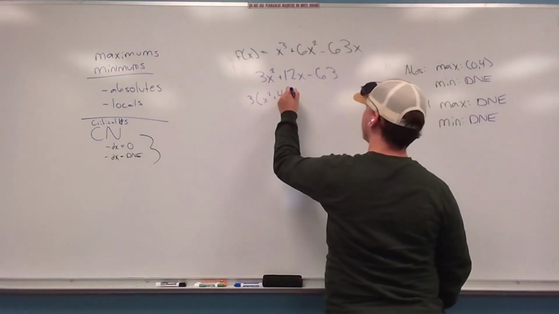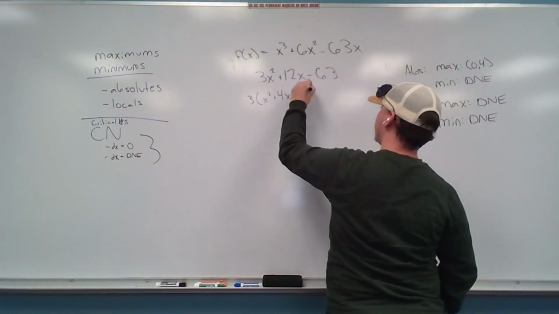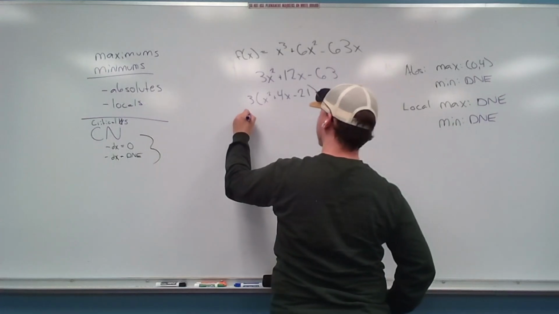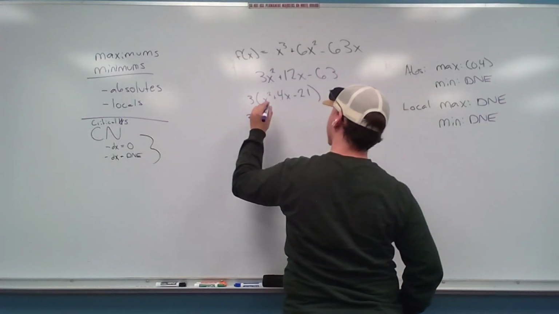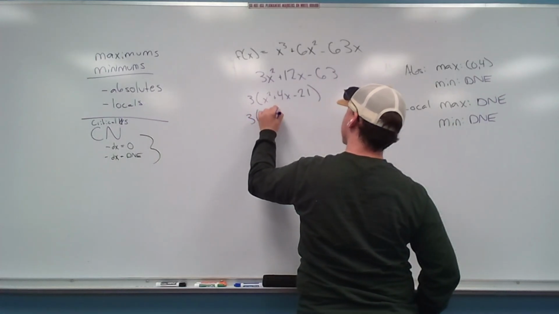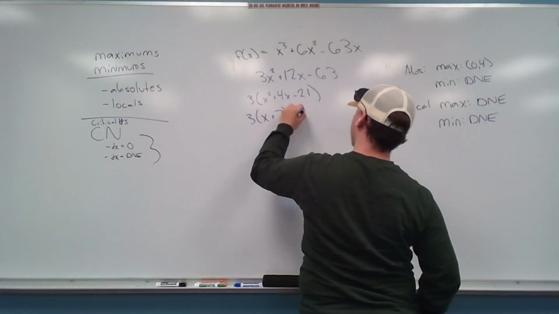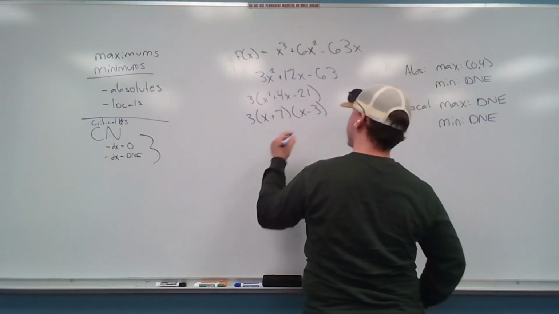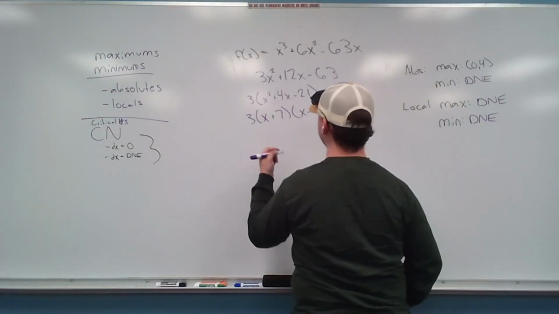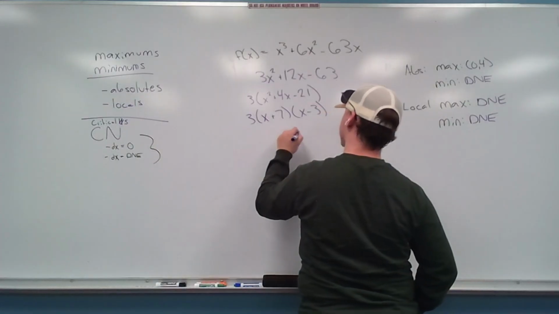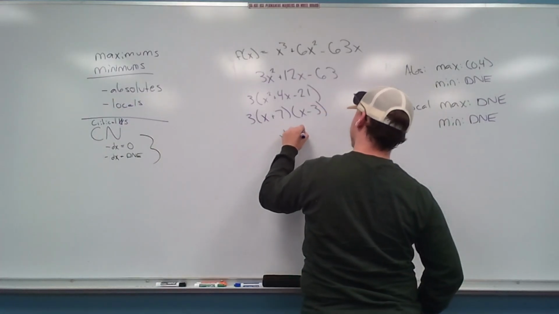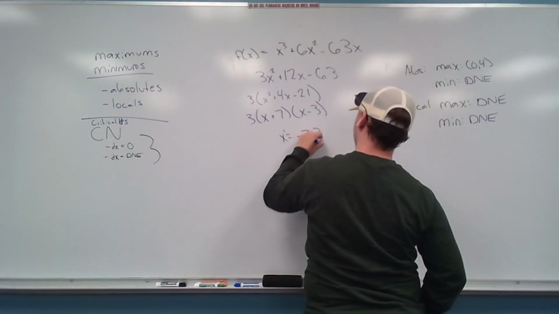So minus 21. Do some quick factoring. That's going to come out with x plus 7 and x minus 3. So our zeros of the derivative, at least, are x equals negative 7 and 3.